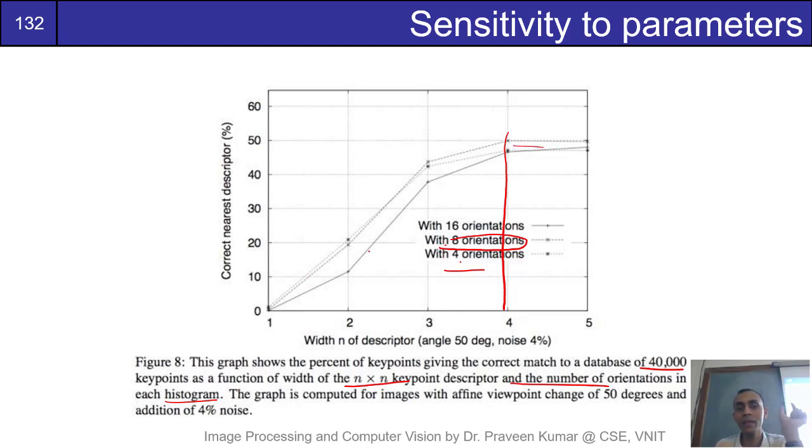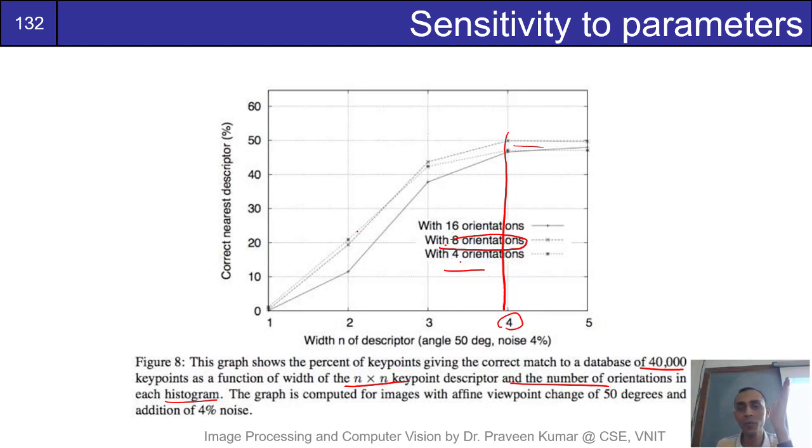So there are two parameters here. One is the n by n key point descriptor. So why did they end up using a 4 by 4? Because after 4 by 4 the performance basically is saturated. As you can see, there is a plateau, so performance is increasing from using a 2 by 2 patch or 3 by 3 patch and 4 by 4, and after 4 by 4 the performance is plateauing.